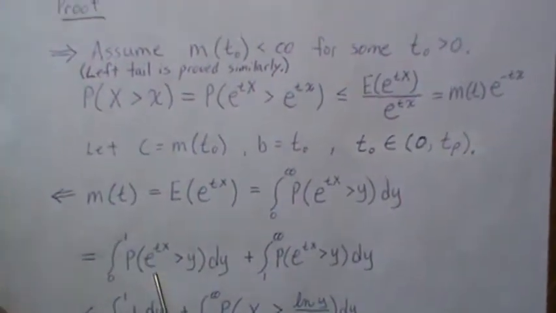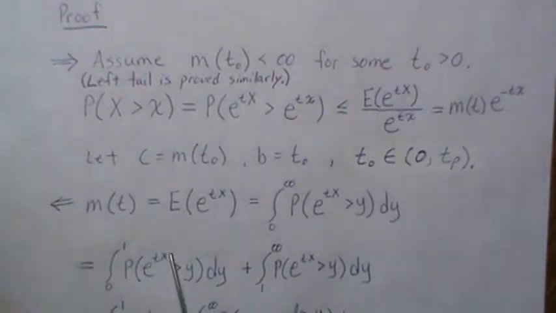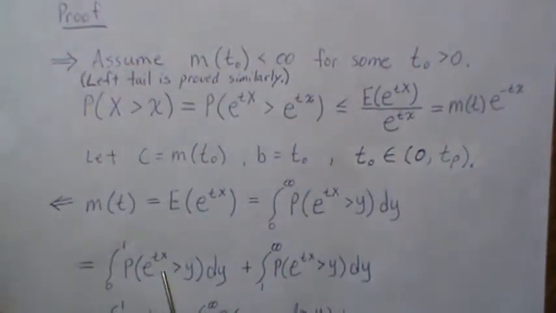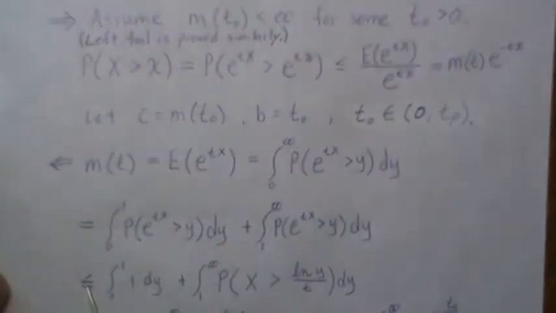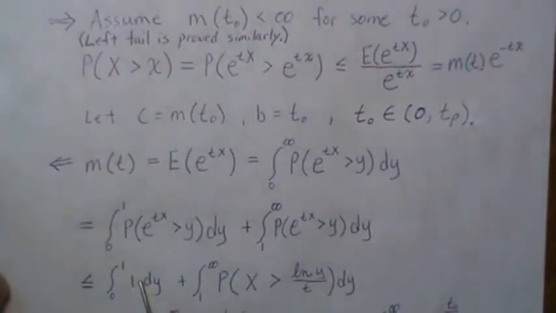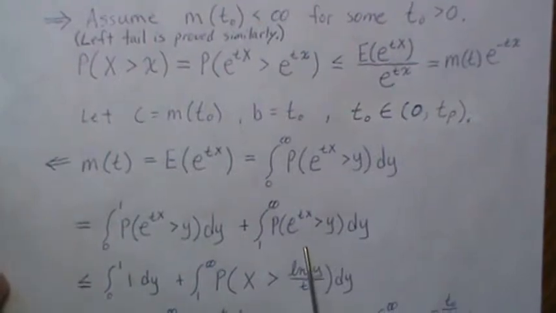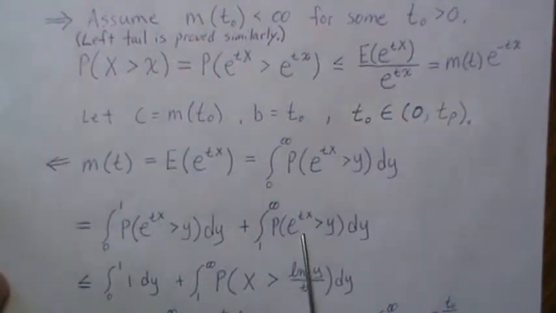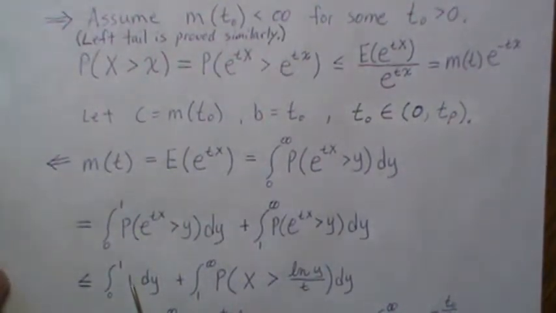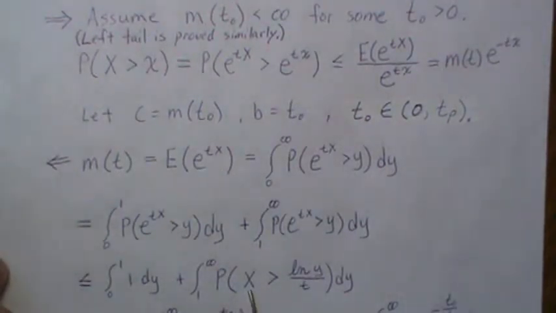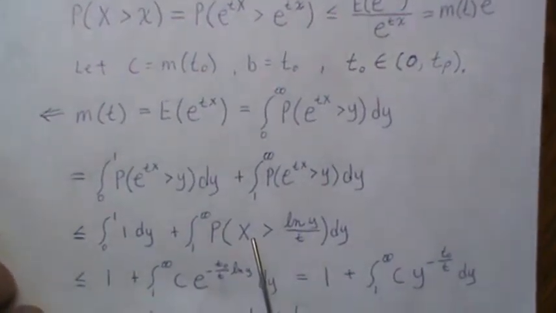Now, the probability is less than or equal to 1. So we can just make this 1, and then we get a less than or equal to sign. And then this doesn't change. We take the log of both sides and divide over by t. So this hasn't changed, only this bound has. But here we're assuming that x is exponentially bounded in the tails.